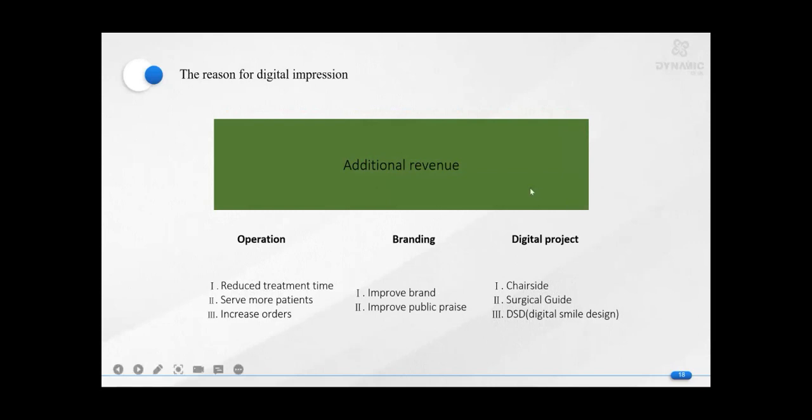And the third one is the digital project. The intraoral scanner is the most advanced product in the digital oral cavity. With the intraoral scanner, the clinics can carry out more digital projects, such as chairside solutions, surgical guides, digital smile design, and so on.